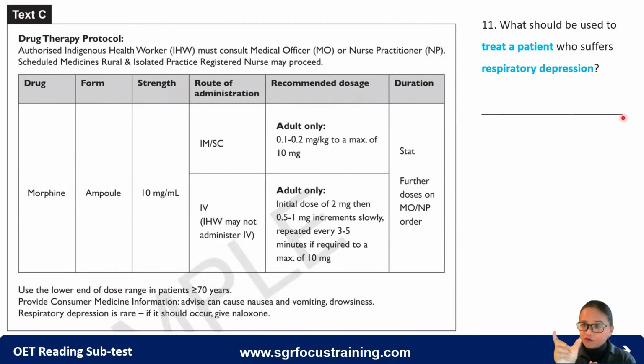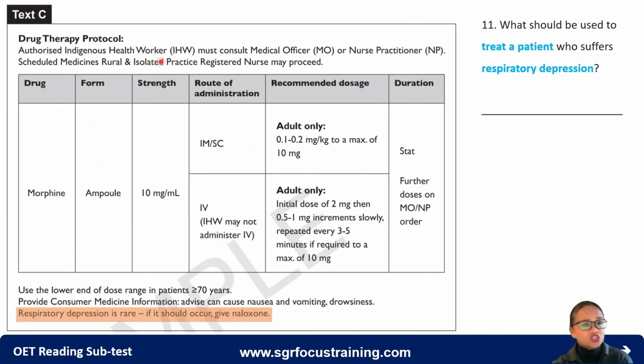So again, focus on that word, respiratory depression, and look for it within the text. By that time, we found it down at the bottom. So in here, because it's very specific to an instruction, what should be used, then I'm looking in here.